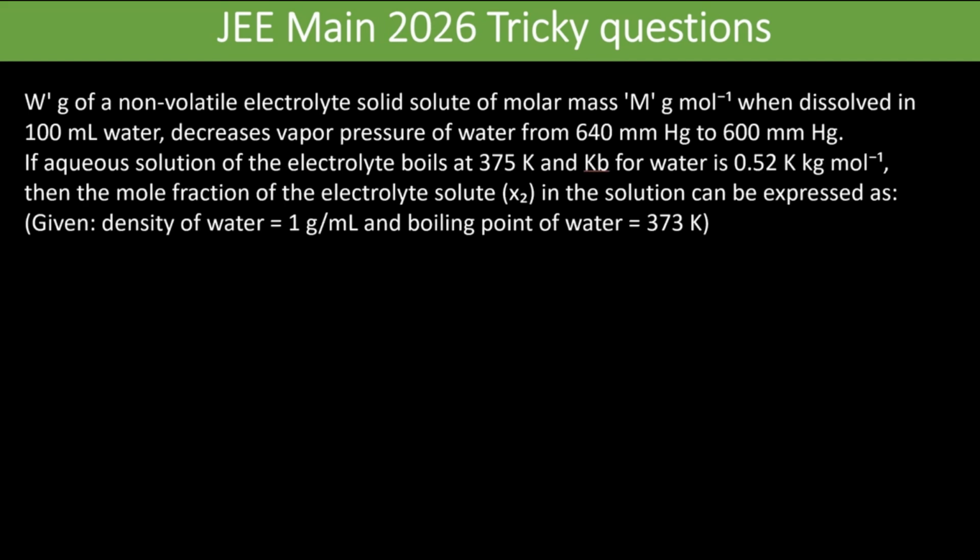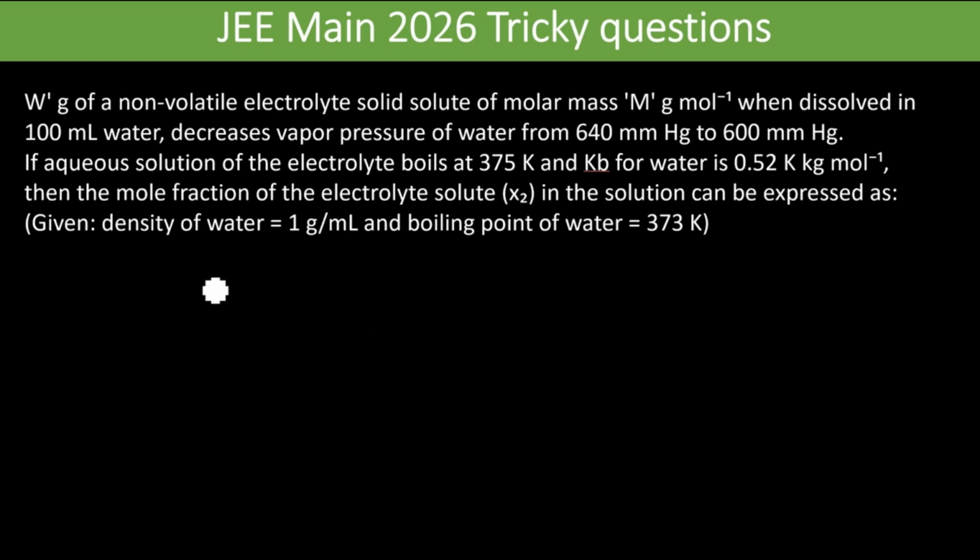W gram of non-volatile electrolyte solute of molar mass m gram per mole, when dissolved in 100 ml of water, decreases the vapor pressure of water from 640 mmHg to 600 mmHg. If the aqueous solution of the electrolyte boils at 375 Kelvin and Kb for water is 0.52, then the mole fraction of the electrolyte solute in the solution can be expressed as?